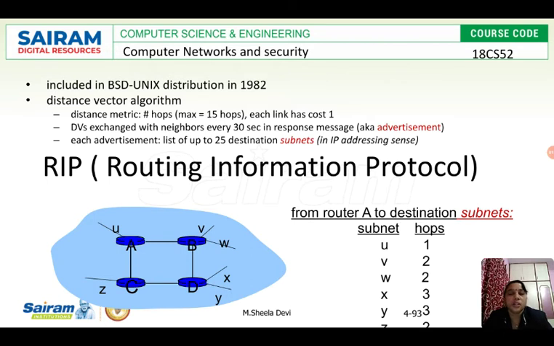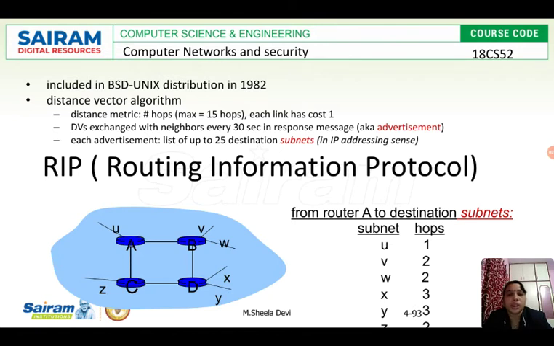B will send to D that you can be reached through B and A. D will send to C that you can be reached through D, B and A. And C will send to A that you can be reached through C, D, B, E, A. This is how the distance vectors are exchanged in the form of advertisements every 30 seconds.